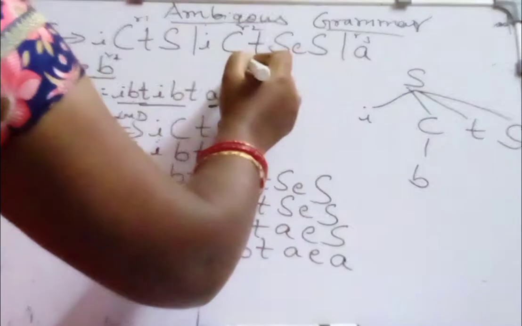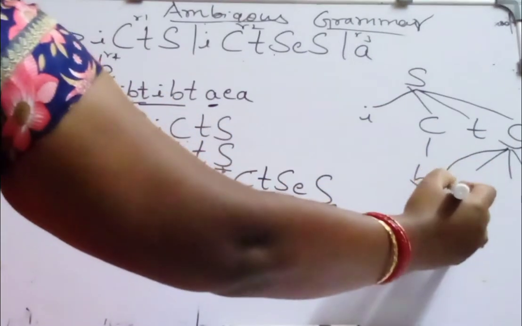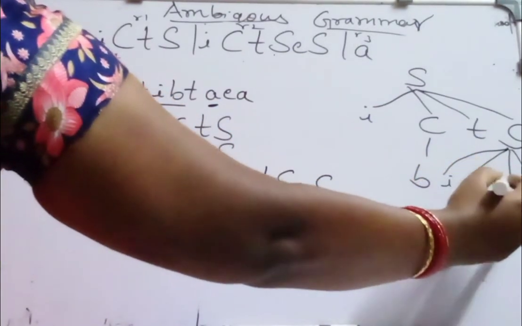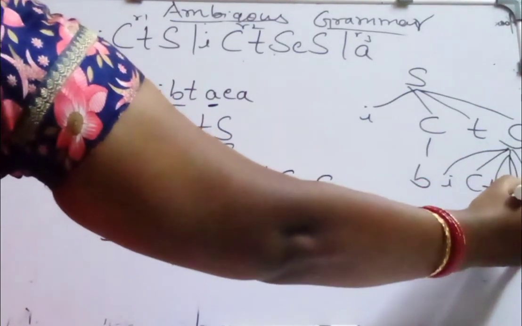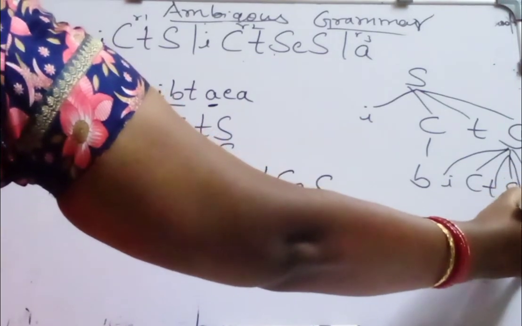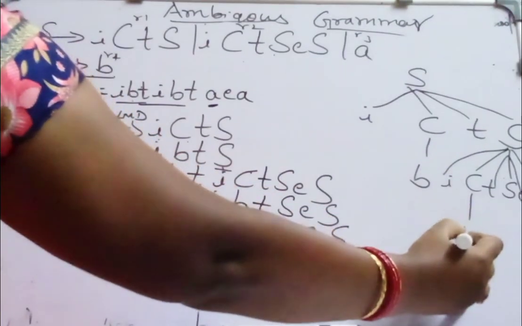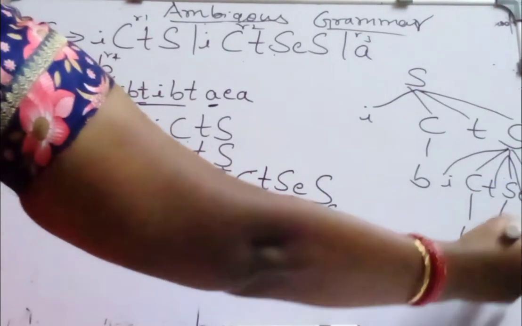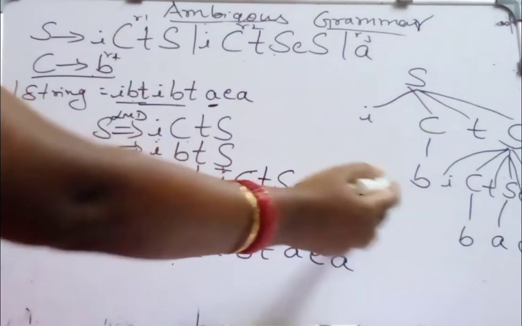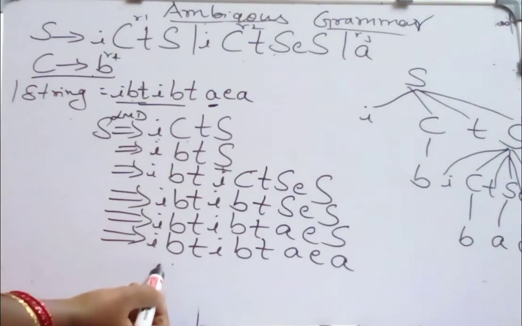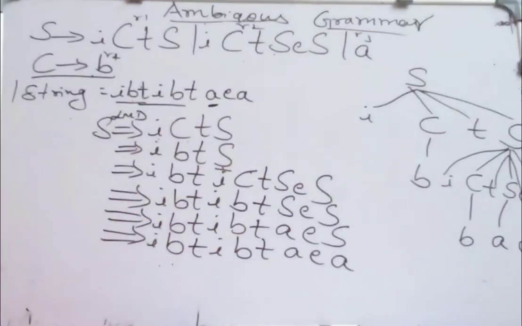S derives, the next rule we substituted, that is iCtSeS, and this is again S. Then ibi, for C we substituted b, for S we substituted a, and here we substituted a. So now we constructed the parse tree for this leftmost derivation. I substituted S derives iCtS and I got one parse tree.